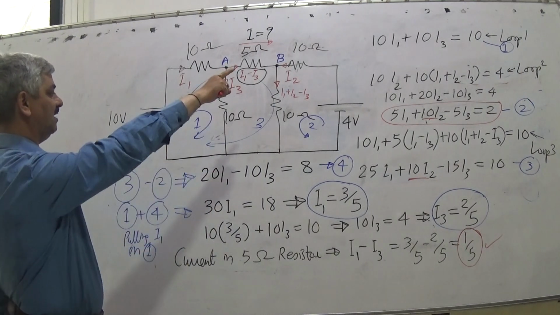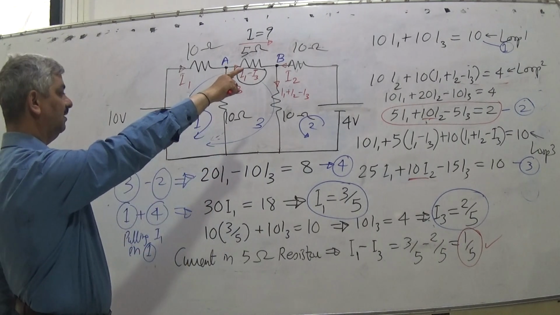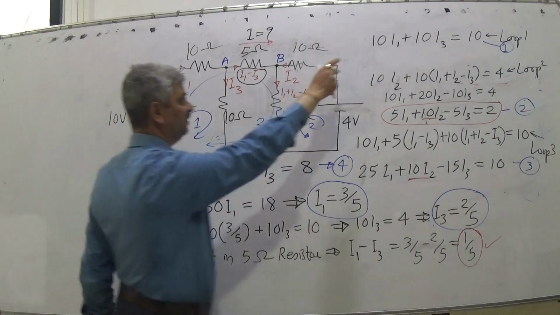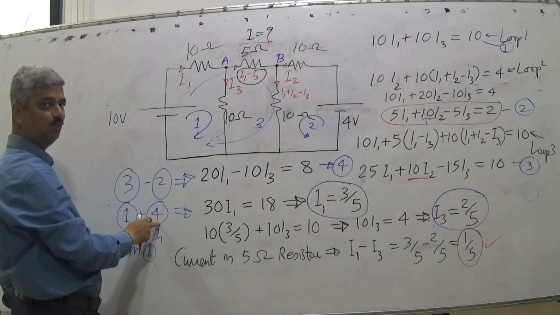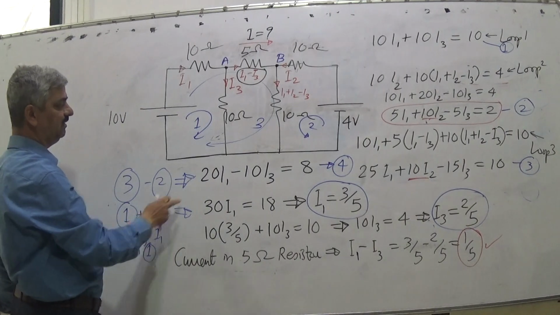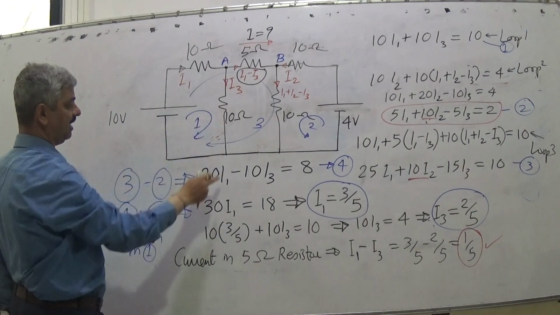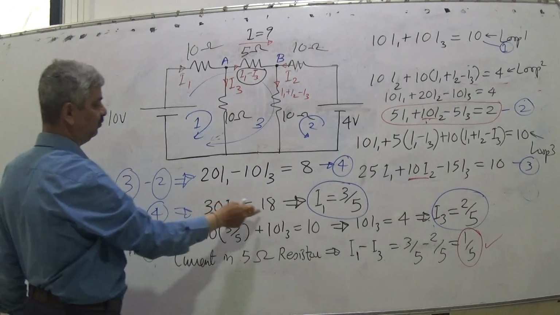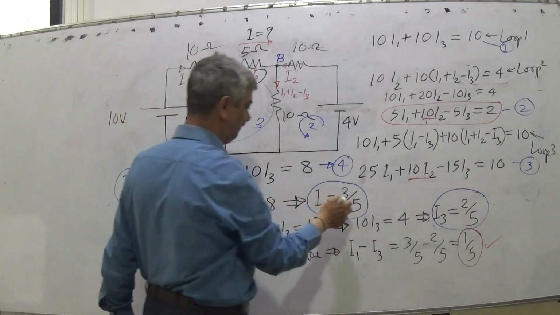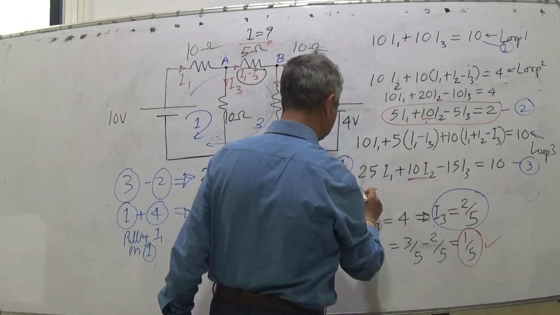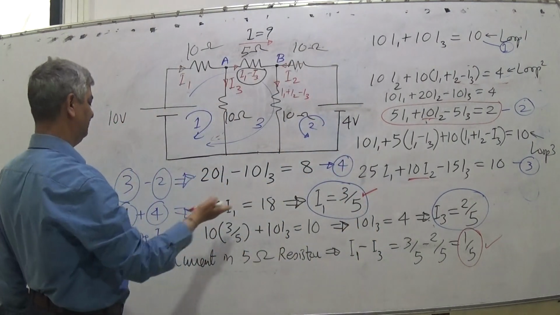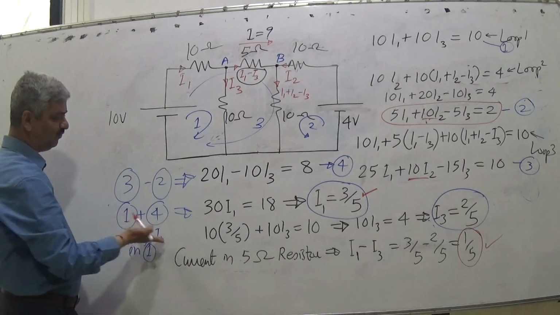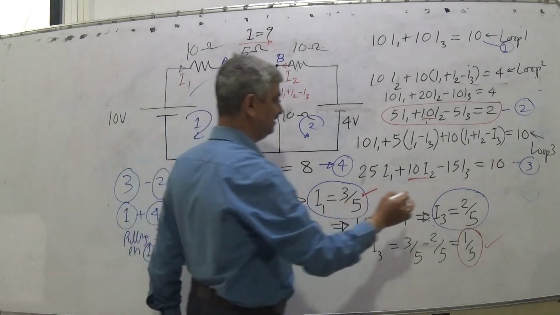Now I had equation 1 and equation 4. In equation 1 this 10 I3 is plus, here it is minus. So 1 plus 4 will give me 20 I1 plus 10 I1, so 30 I1 equal to 18, I1 equal to 3 by 5 is my one answer. I1 equal to 3 by 5. Then putting I1 in 1, I got I3, that is 2 by 5.